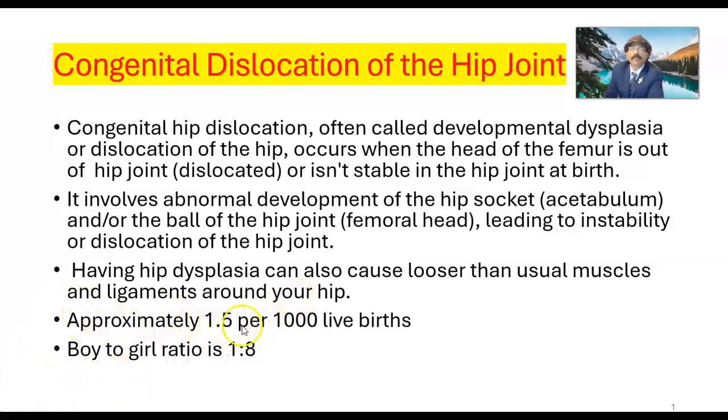The incidence is approximately 1.5 per 1000 live births. The girl to boy ratio is 8:1, so a girl has 8 times more possibility to get congenital dislocation of the hip joint.